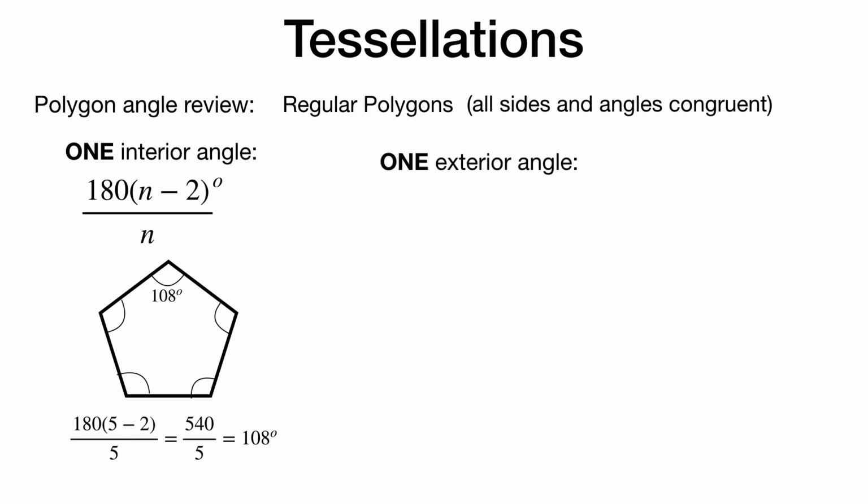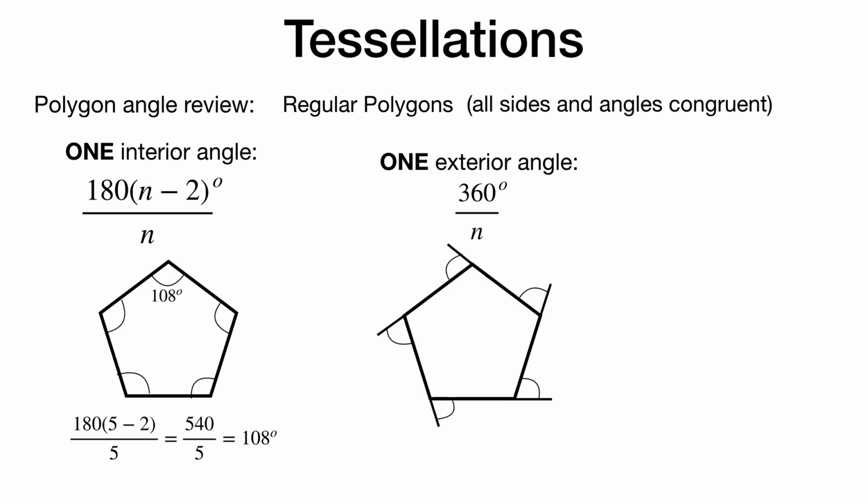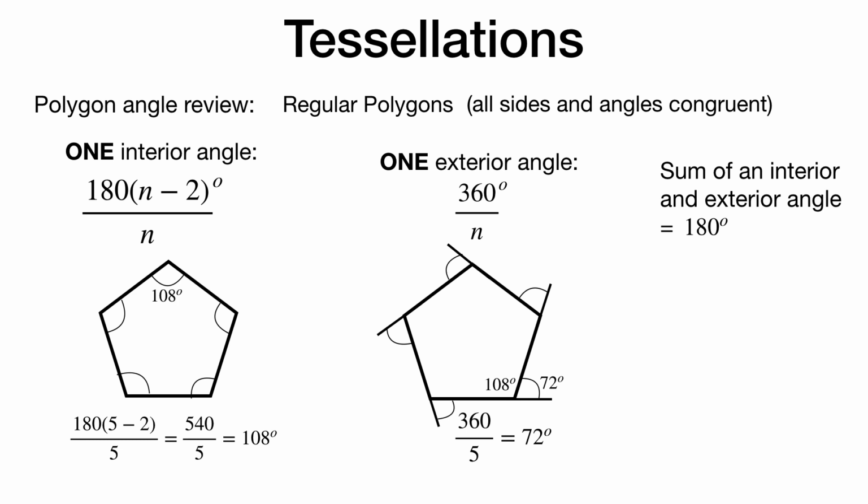If I want to find one exterior angle in a regular polygon, it's going to be 360 degrees, which is the sum of all the angles, divided by n, my number of angles. So in this example for the pentagon, it's 360 over 5, which is 72 degrees. The sum of an interior and exterior angle is 180.